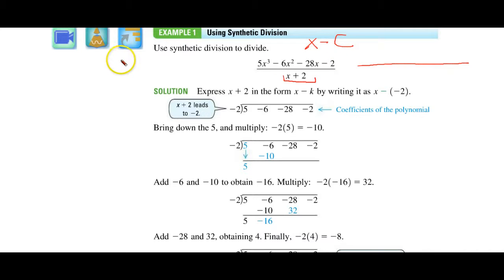Now, if we had x plus 2, what would be the value of k if we're in this form, x minus k or c, it makes no difference? In order to get a positive there, watch this: k would have had to be a negative.